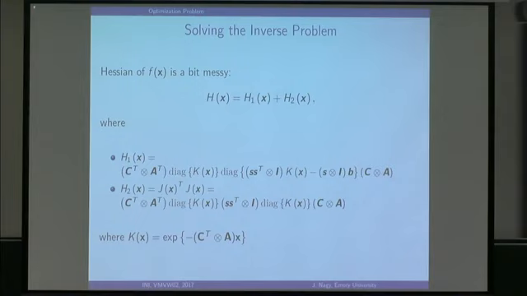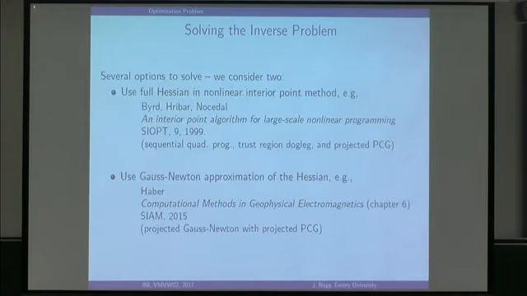All right. And again, I'm going to write this k of x as shorthand notation for this function of L here in some sense. Okay, so I'm going to try two different approaches to solve this problem. One is to use a nonlinear interior point method.